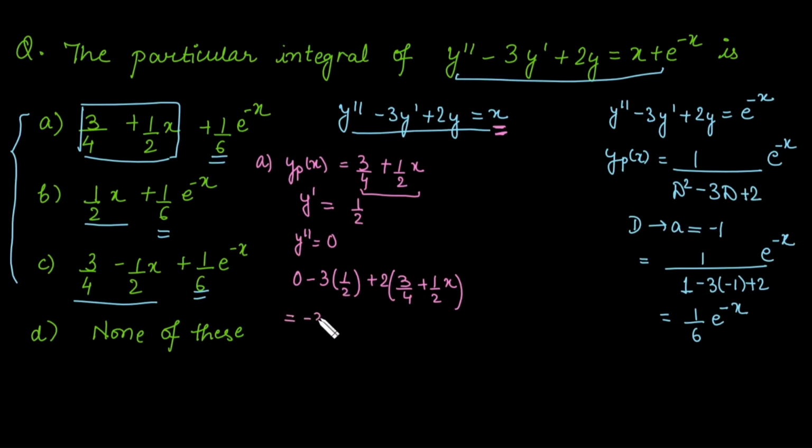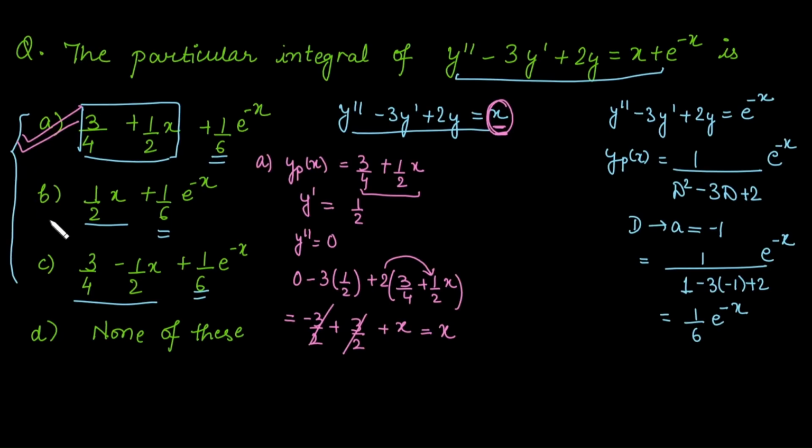This is minus 3 by 2 plus 3 into 2 by 4, that is a plus 3 by 2, because this will get cancelled over here. Now multiply over here. This is 2 by 2 is 1 into x. So this will get cancelled out. Finally answer is x. And on right hand side we have x. So we can directly mark A as the option.